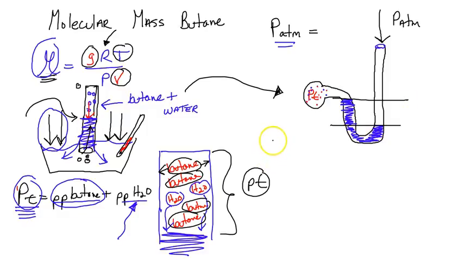Okay? So I asked you, party people, to actually measure this height from the top of the liquid to the water line. I asked you to measure that in centimeters and convert to millimeters. Now, why do I do that?